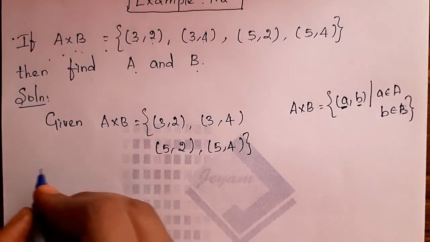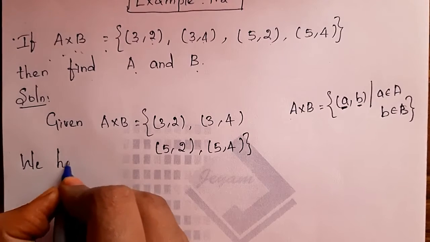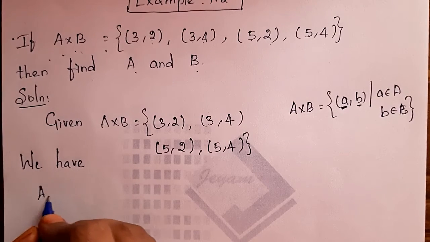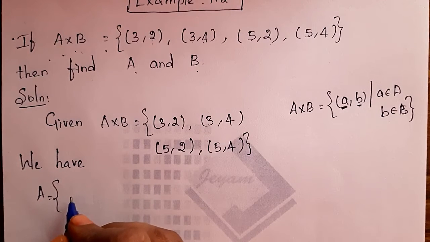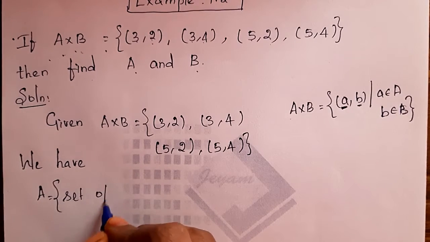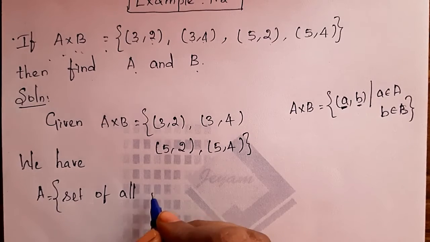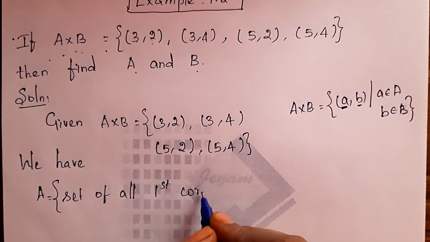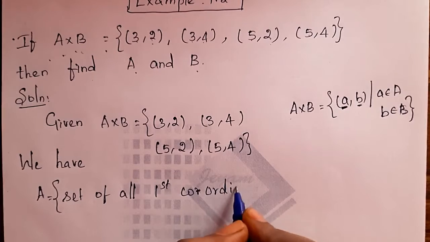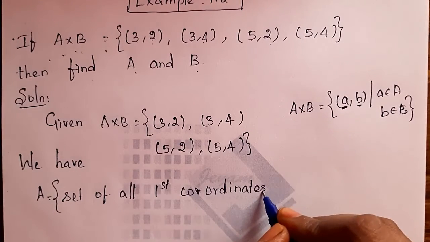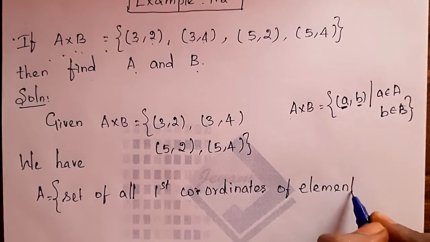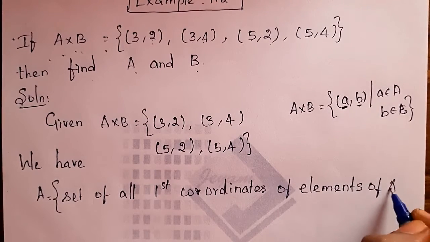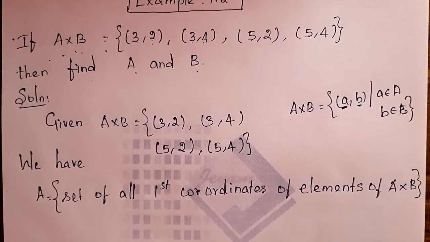Okay. We know that we have A equal to, what is A? The set of all first coordinates of elements of A cross B. So how can you write A?